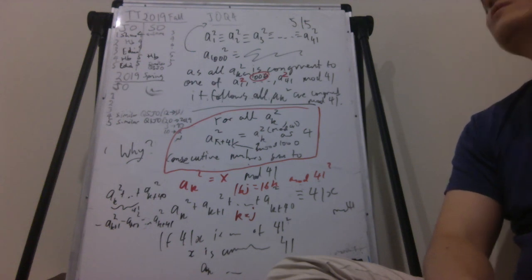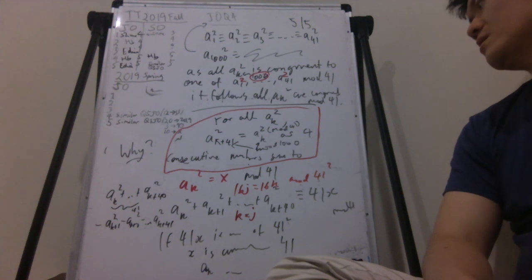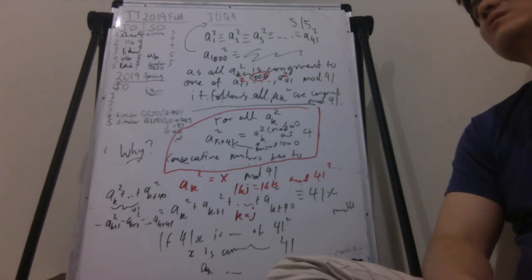So 1,000 mod 41 squared, what's that? That's still 1,000 here. 1,000 has no common factor with 41, yeah? It's 2s and 5s.